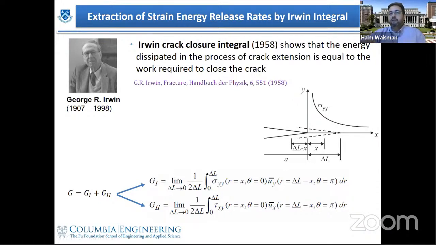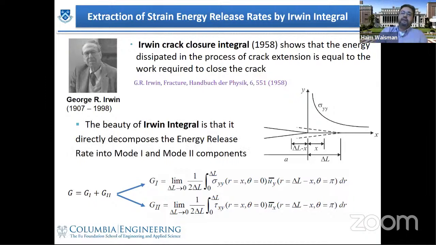And in my opinion, what is nice about this Irwin integral is that it automatically decomposes the strain energy release rate into its mode 1 and mode 2 parts, as opposed to the J integral formulation, for example, where one has to do an extra step, use some auxiliary fields and so on in order to decompose it into stress intensity factors in each direction.